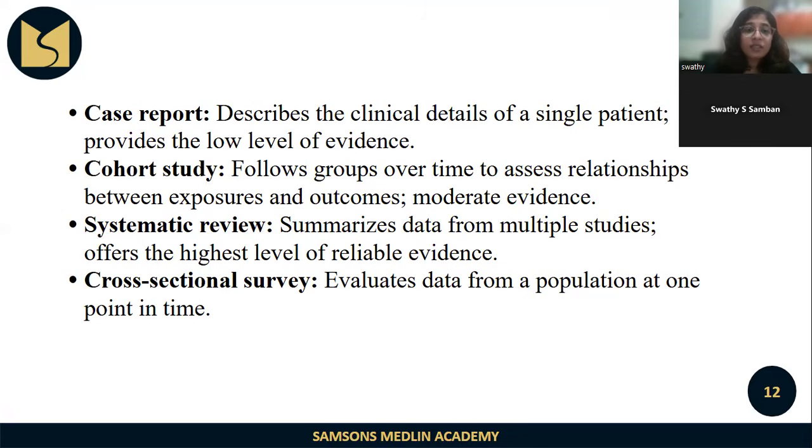Next comes the cohort study. In a cohort study, we follow a group over time to assess the relationship between the exposure and outcome. We all know that classic example.